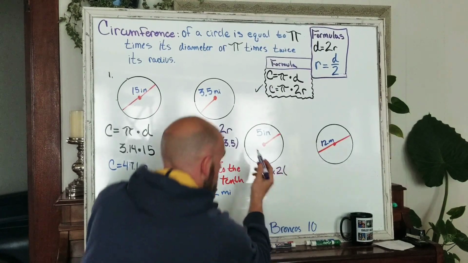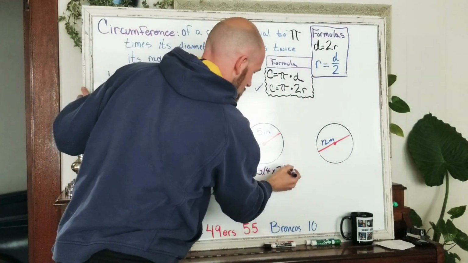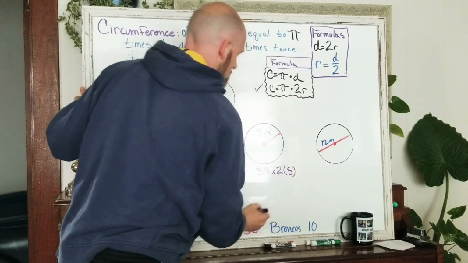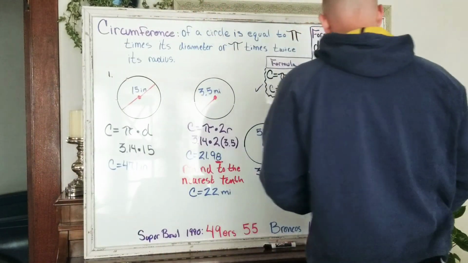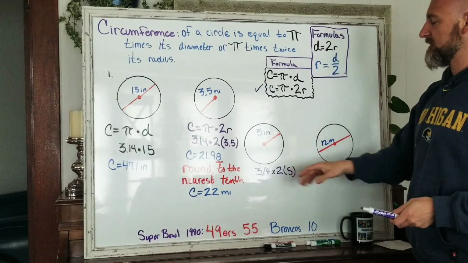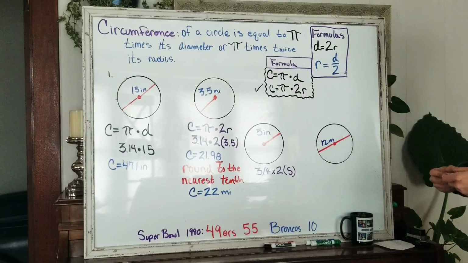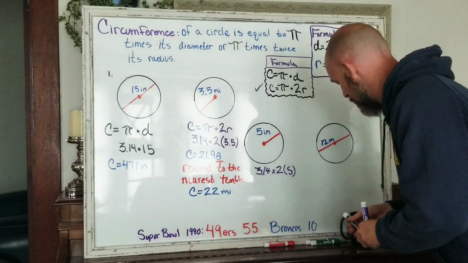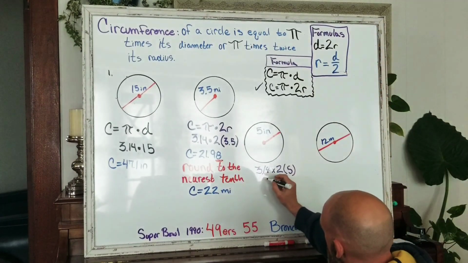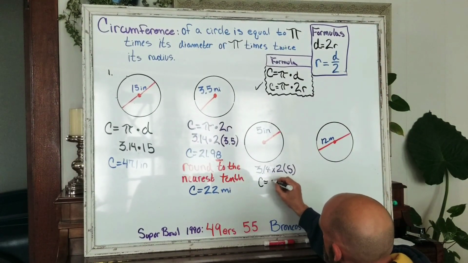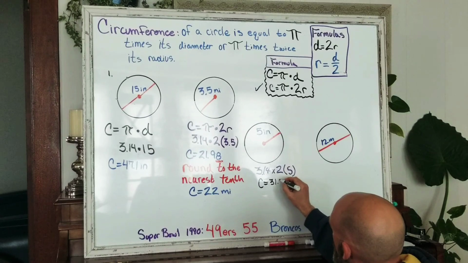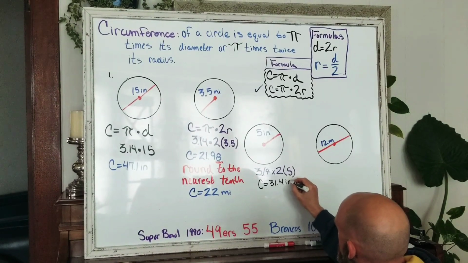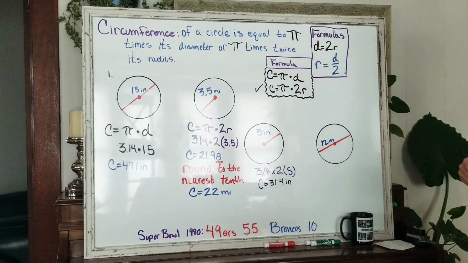In parentheses, we're going to take the radius that we're already given, which is 5. So we have 3.14 times 2 times 5, which will give us 31.4. So C equals 31.4 inches. Okay, fairly easy.